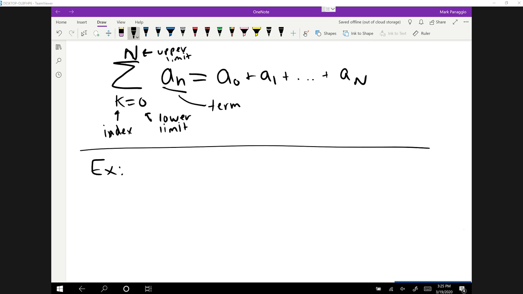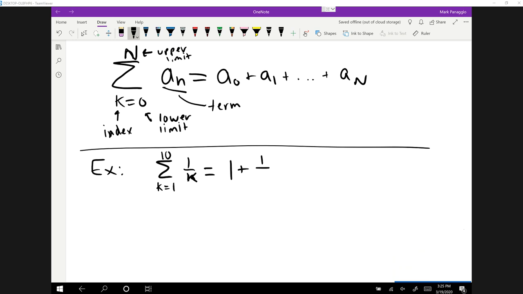Here's a sum. The sum of 1 over k. We'll use k for our index, and k is going to go from 1 to 10. And notice that represents the following quantity. When I plug in k equals 1, I get 1 over 1, which is just 1, plus the next term in this sum, for k equals 2.